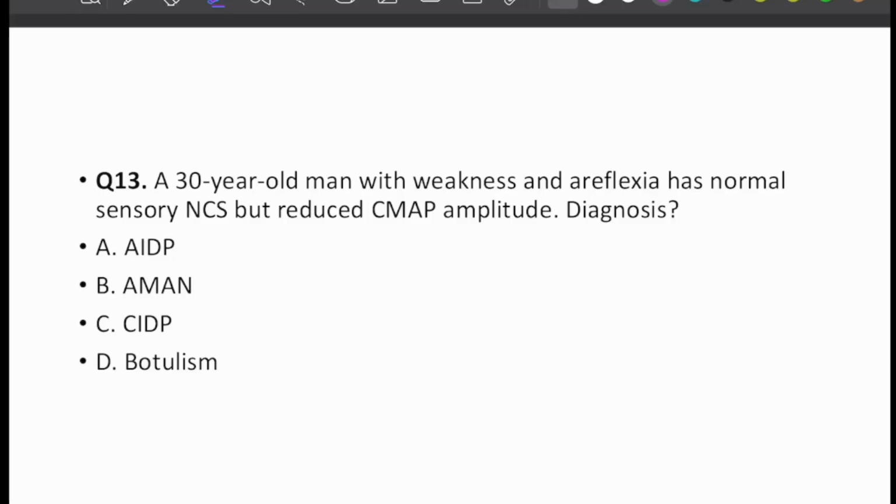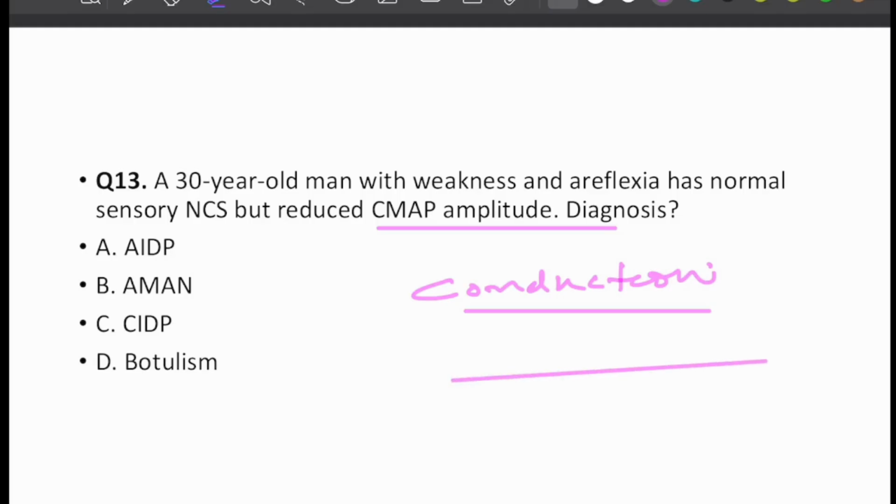A 30-year-old man with weakness and areflexia has normal sensory nerve conduction study but reduced CMAP amplitude. What is the diagnosis? In the nerve conduction study, what you are looking for, one is the conduction velocity. The nerve conduction velocity depends on the myelination.